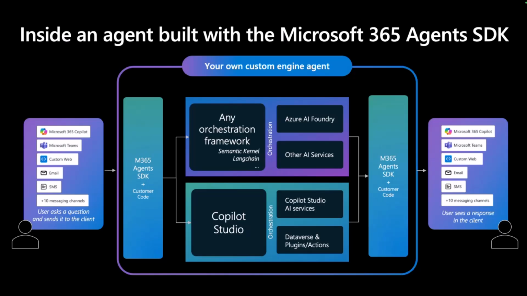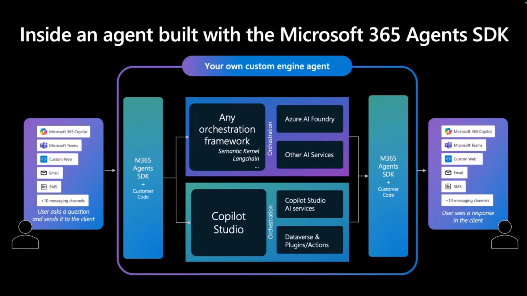Quickly, a recap before we jump into the demo. We are basically building an agent that can communicate with multiple channels, including Teams, Copilot, custom web, email, and multiple other channels like Meta, and all of those are available for you already. You can publish a single agent in multiple places. The way to build this is by bringing your own orchestration and your own model.